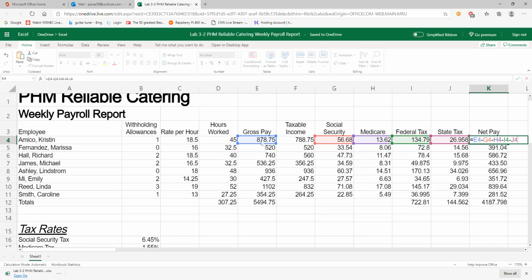Everything they do is on the gross pay to get the net pay. So the net pay is how much we take home after all the deductions, right?